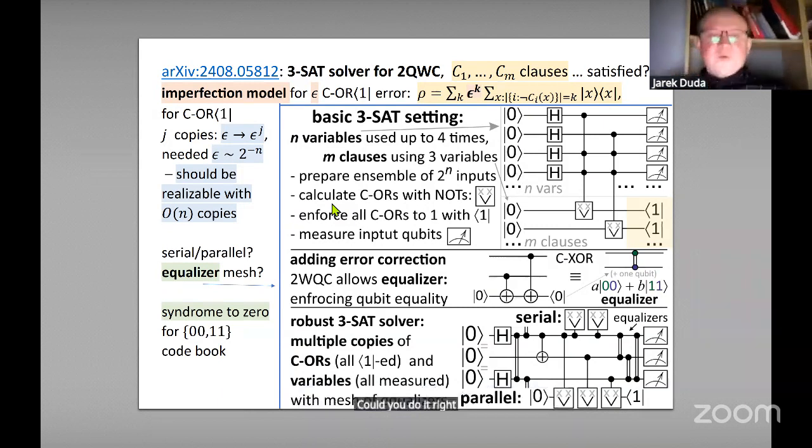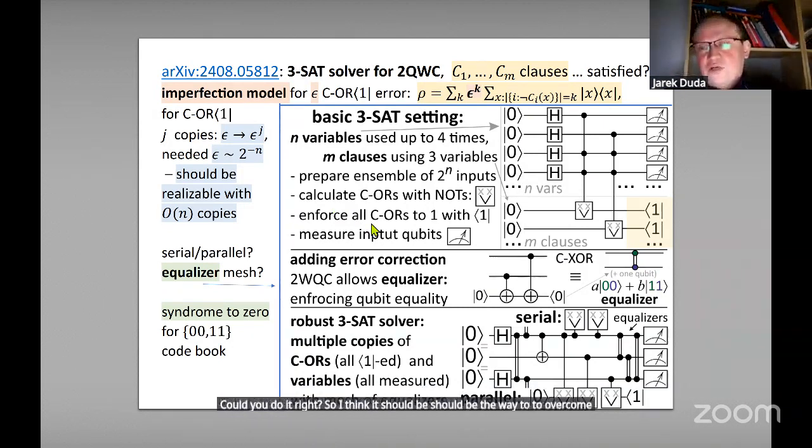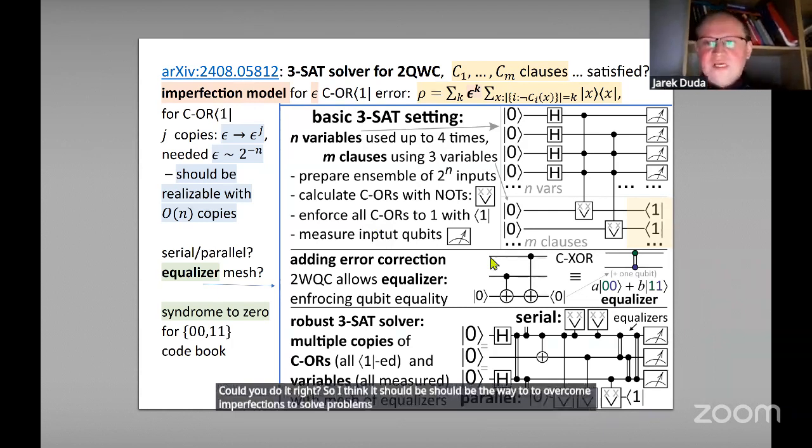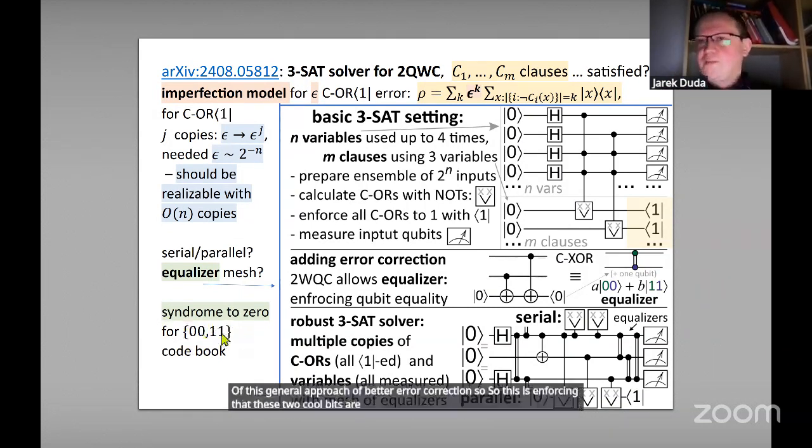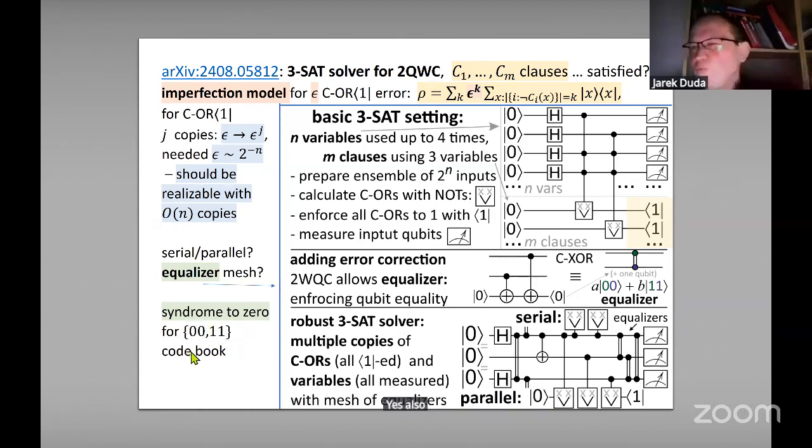So I think it should be doable to overcome imperfections, to solve NP problems, even having this not perfect post-selection. This gadget is an example of this general approach of better error correction. It enforces that these two qubits are 00 or 11. So we can say that this is a code book.